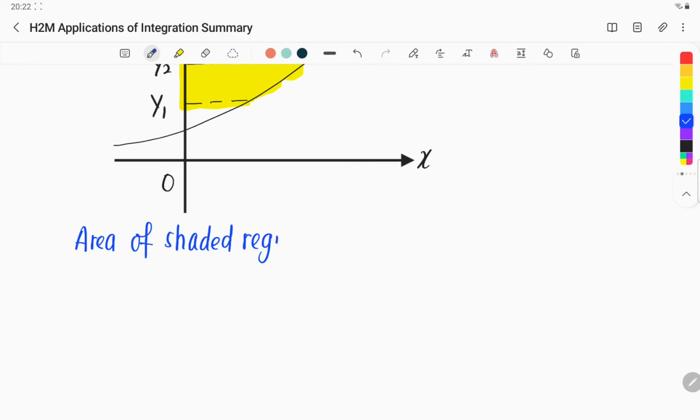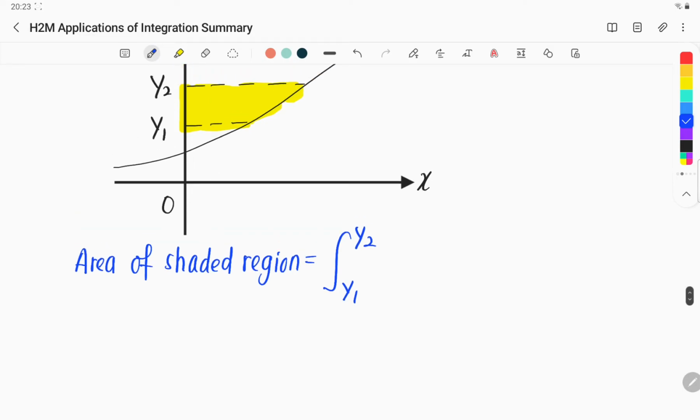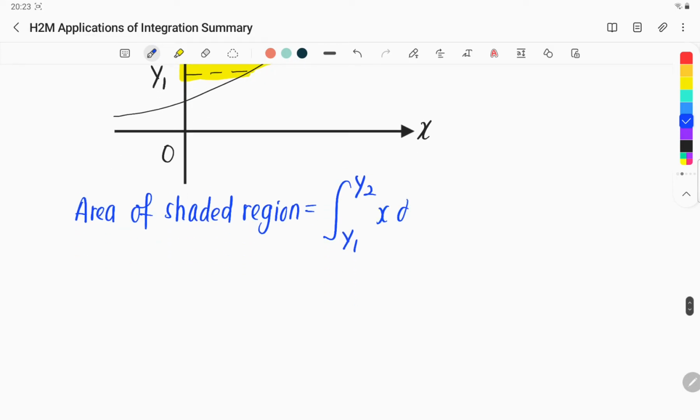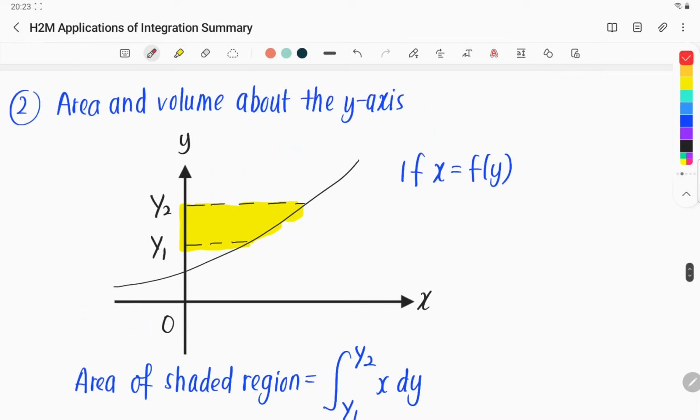Area of shaded region equals integrate, in this case your y limits, from y1 to y2, x dy. In most cases you have to make x the subject of the equation, then you can proceed to integrate.